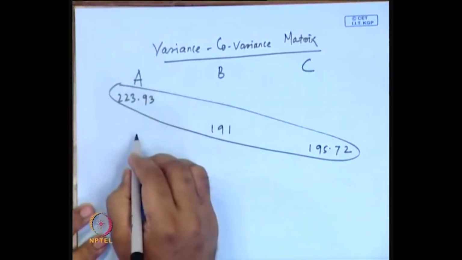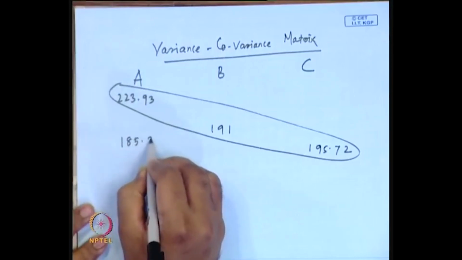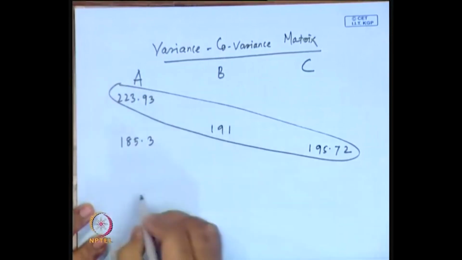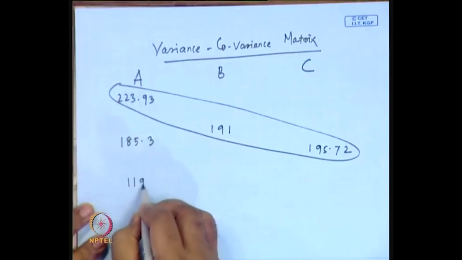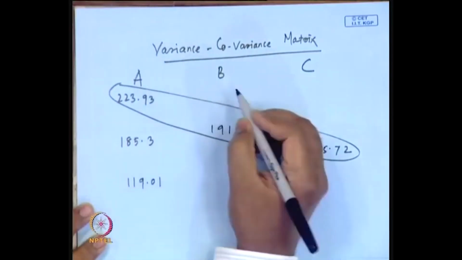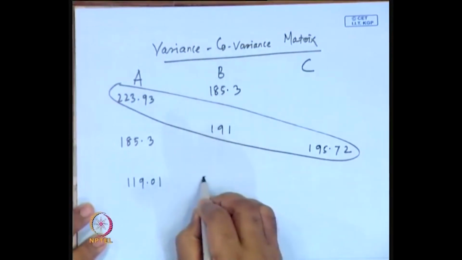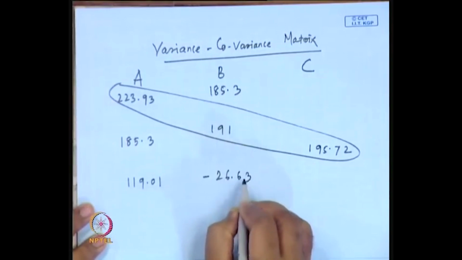Then the covariance between A and B is 185.3. Between A and C is 119.01. Between B and A we have already given this, that is 185.3. Between B and C it is minus 26.63.